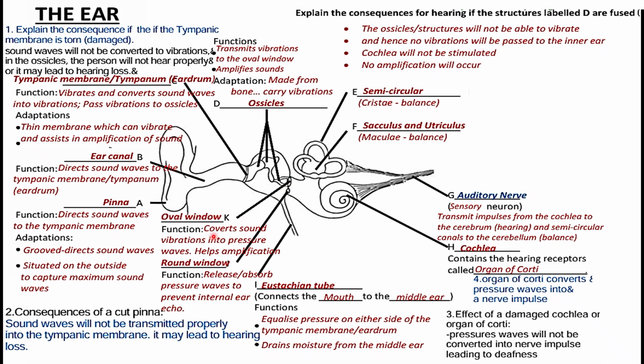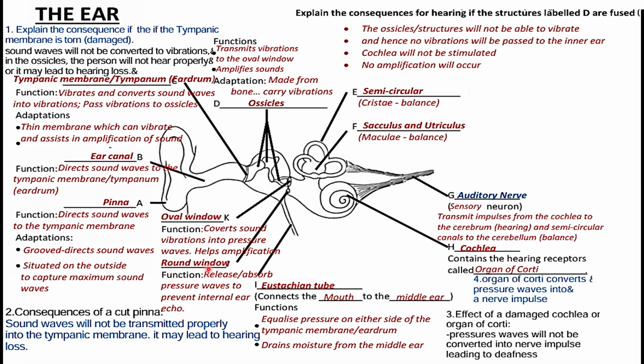The oval window is already vibrating in contact together with the ossicles, and by so doing, it converts sound vibrations into pressure waves. They also do something more. They help in sound amplification. This mechanism helps amplification of sound. Now, just below the oval window, we have the round window.